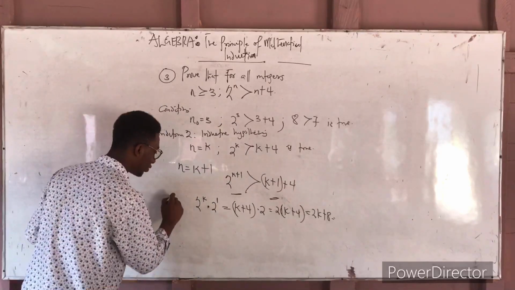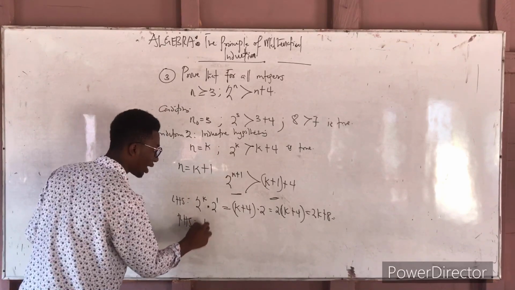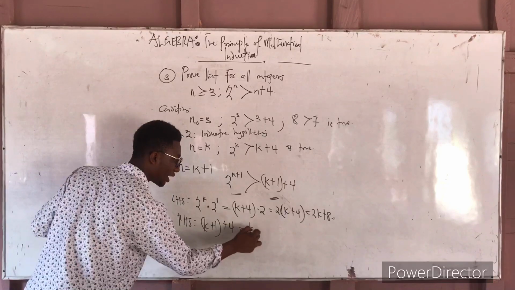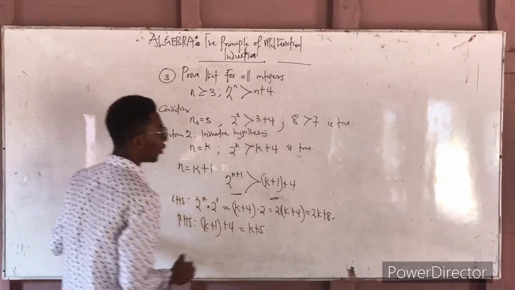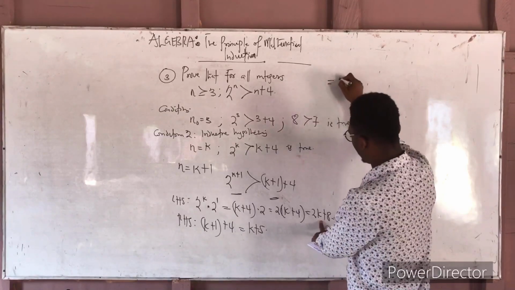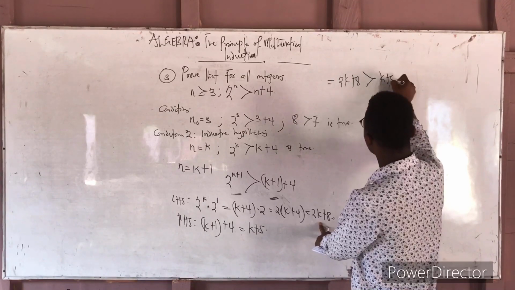Now, the right-hand side, so this is the left-hand side. Now, with the right-hand side, what are we getting? We are getting k plus 1 plus 4, which is the same as what? k plus 5. Okay, so now when we come here, you realize that the left-hand side, which is 2k plus 8, is actually greater than k plus 5.